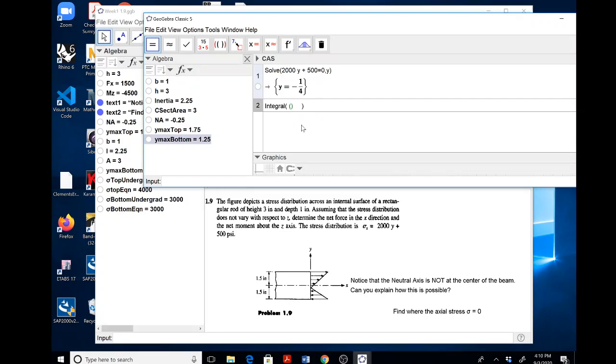I'm going to put parentheses in here just to be super careful. b times 2000 times y plus 500, going from minus h over 2 to h over 2. Notice it's blue here, ladies and gentlemen, which means that the robot knows what you're talking about. I think that's right. Hope that's right. Yes, it is right. Okay, 1500.